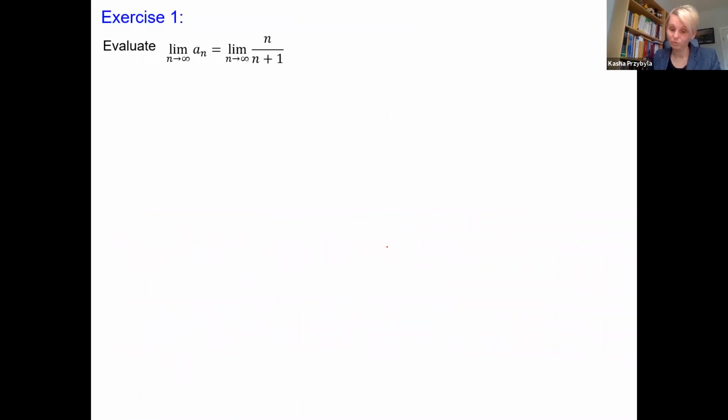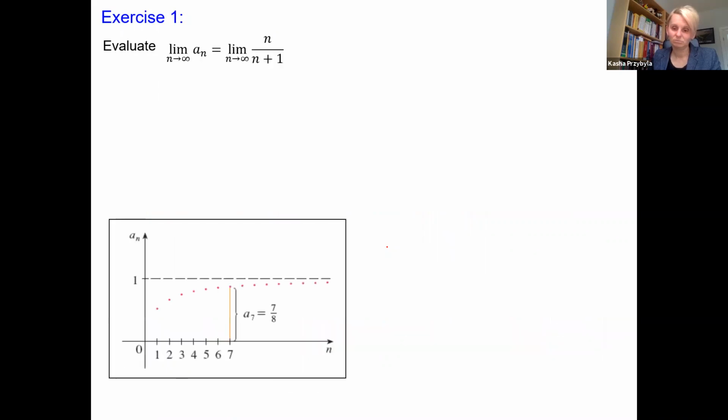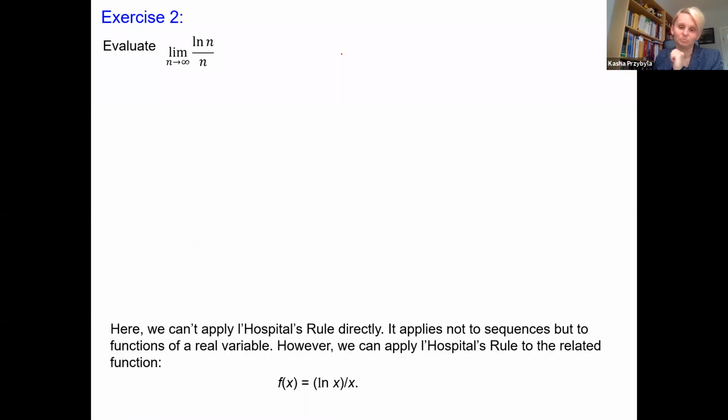And let's see. Oh yeah, we know this limit. This is 1, beautiful. Now let's look at this. We will read this in a minute. Probably you know the answer. How does the sequence natural log of n over n behave at infinity?